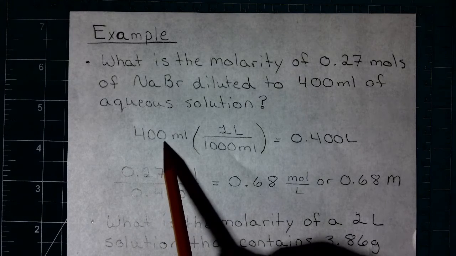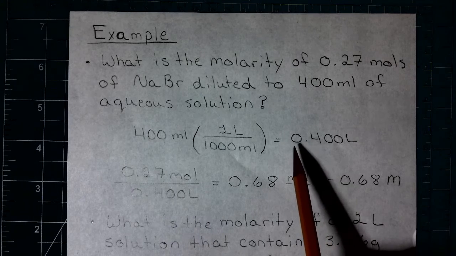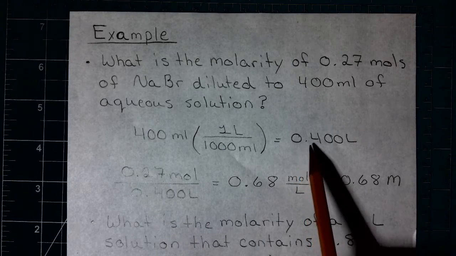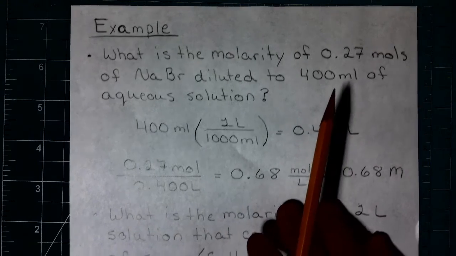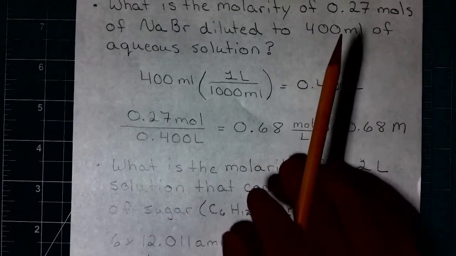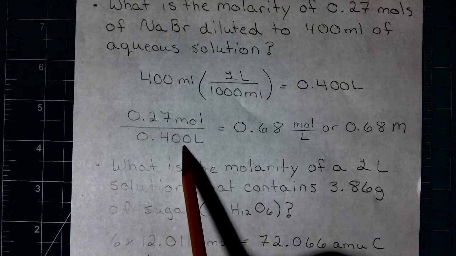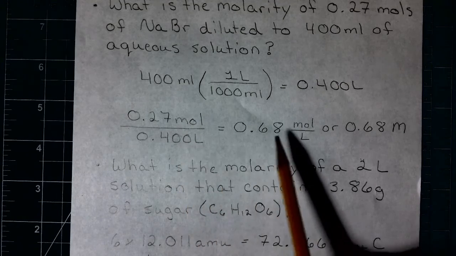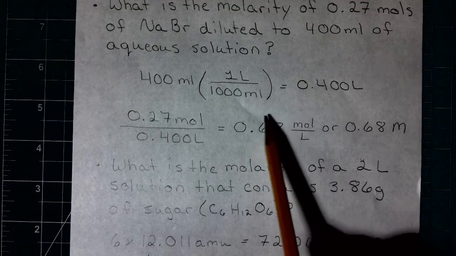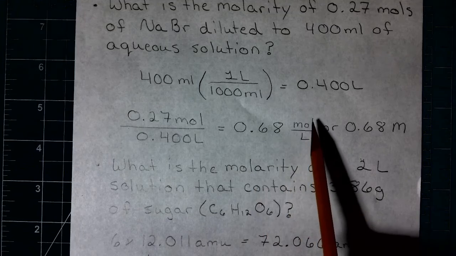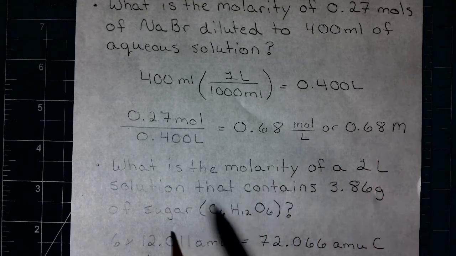So we can convert that 400 milliliters over to liters, and we're going to see that we have 0.400 liters of solution. We then just take the number of moles that we were given in the problem, divide it by our 0.400 liters of solution, and we can see that we get 0.68 moles per liter, or a 0.68 molar solution.